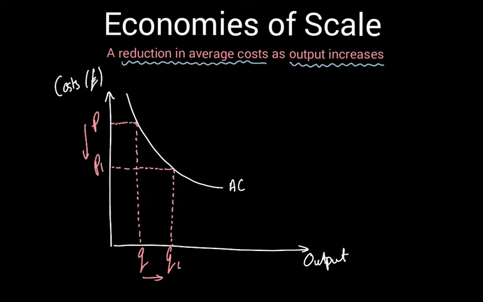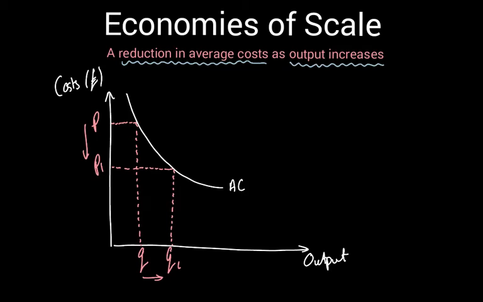Now let's have a look at the little diagram that I've just sketched out below, because that shows in a visual form what we've just said. As we move from output Q to output Q1, you see that is obviously an increase in output. As a result of that, we are moving down our average cost curve like this, resulting in the reduction in our average costs from P to P1.